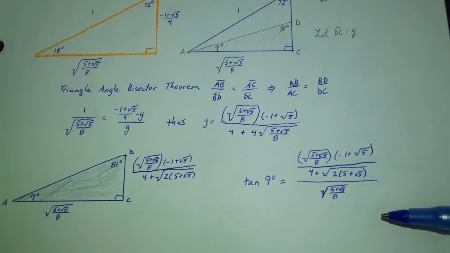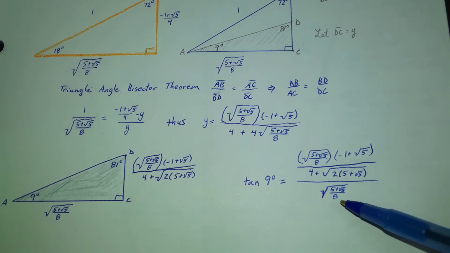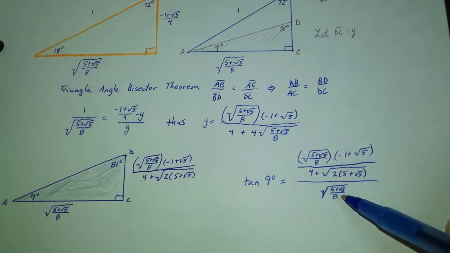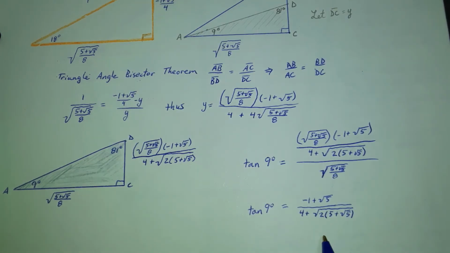This is a reducible fraction. So if we look at this, this is really going to be multiplied by this denominator here, and then we have the same term that's going to be in numerator and denominator, and so this is going to reduce. This is our final answer. And so this is an exact valuation for the tangent of 9 degrees.